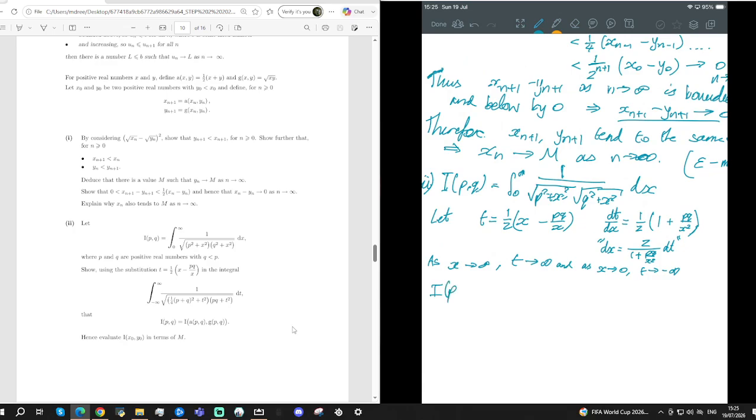So I've dealt with the variable bit, the dx term, and I've dealt with the limits. Now this can start to be manipulated. So this is going to be equal to the integral between negative infinity and infinity of... now writing it is going to be quite awkward. And actually this thing is really awkward to make the substitution on.